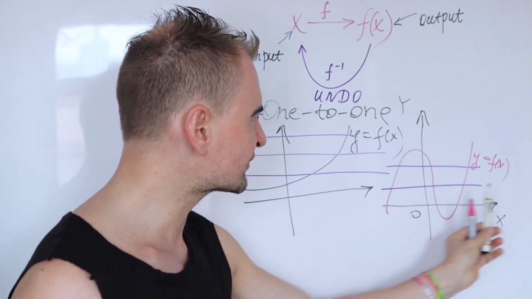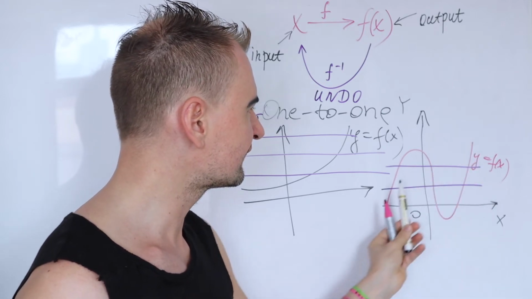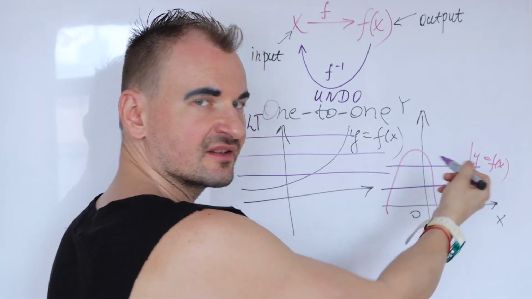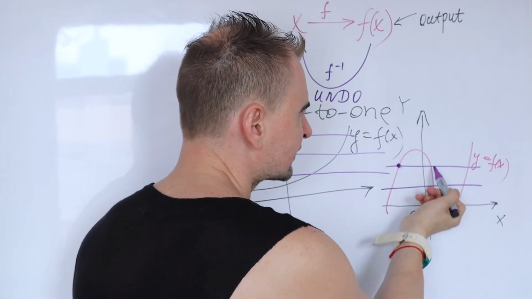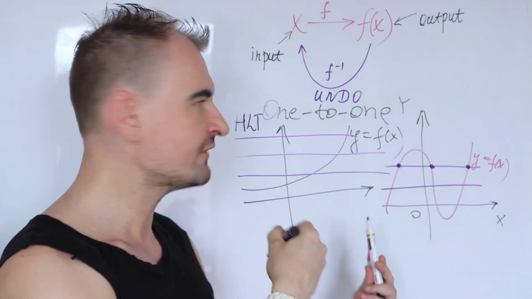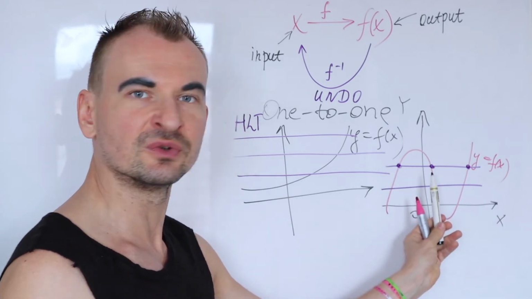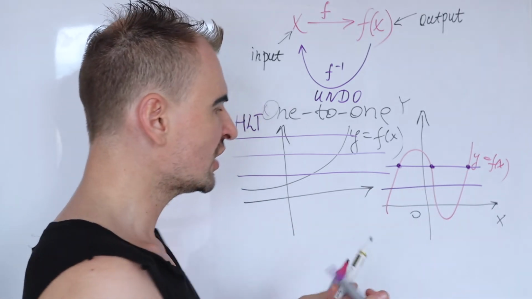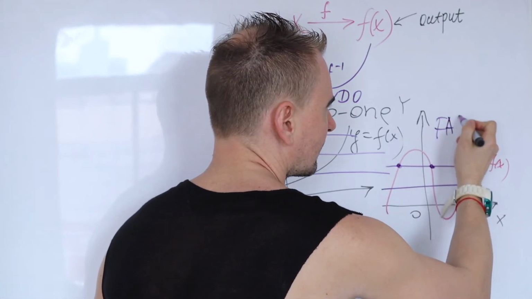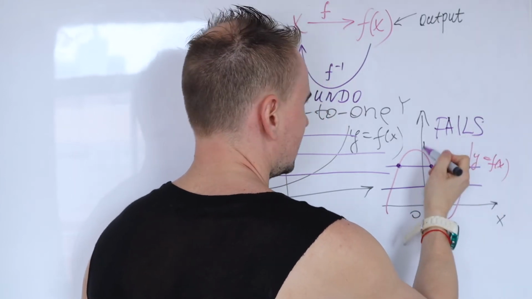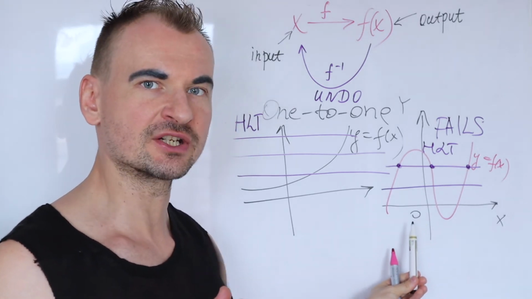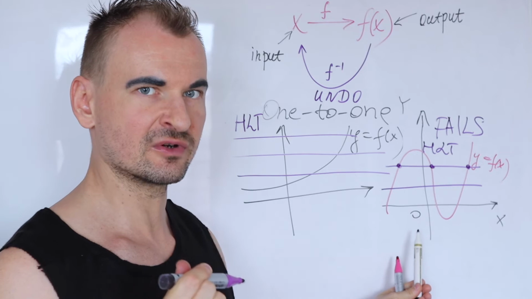So it crosses the graph at one point and more. For instance, in this case, we have one point of intersection, the second, the third. So it could be more. If it's two or more, that means your function fails the horizontal line test. And for this type of function, there is no inverse function.